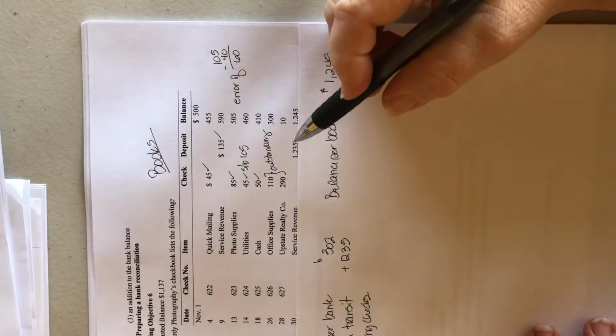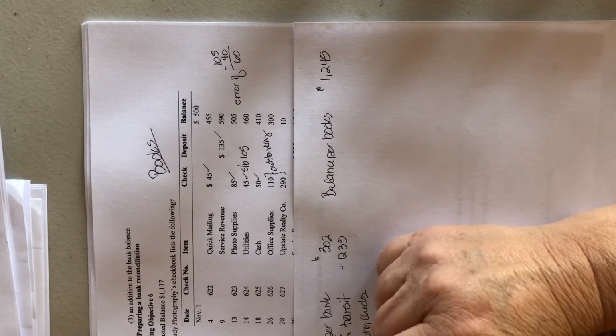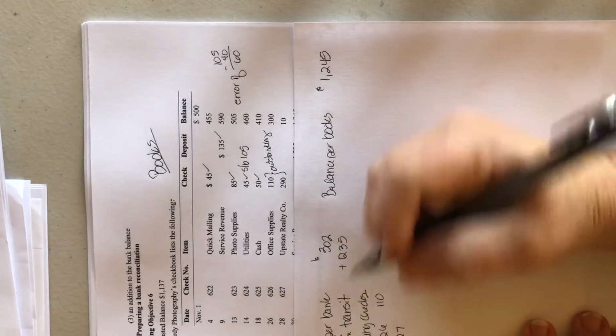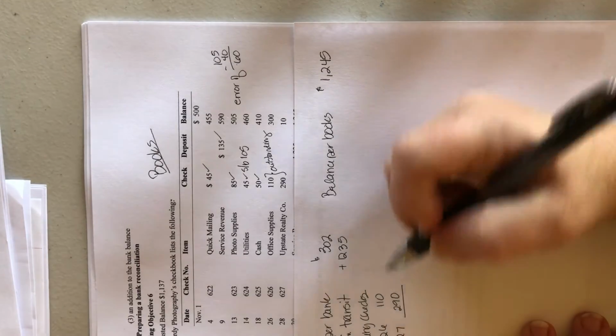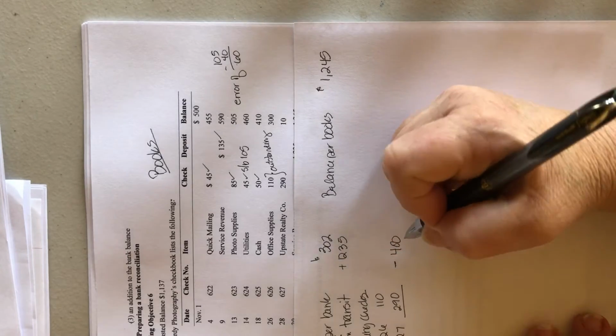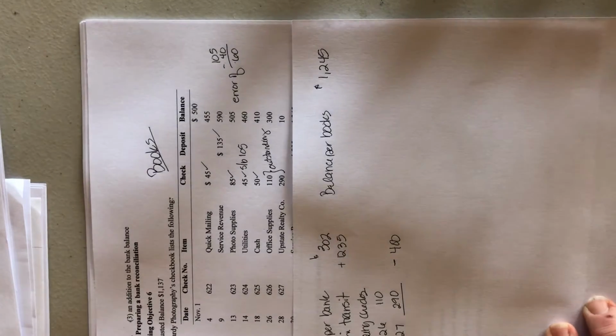And then we had a couple of outstanding checks, numbers 626 and 627, for 110 and $290, so $400. I'm not going to total it up yet. I'm going to wait and see what else we may have to do.